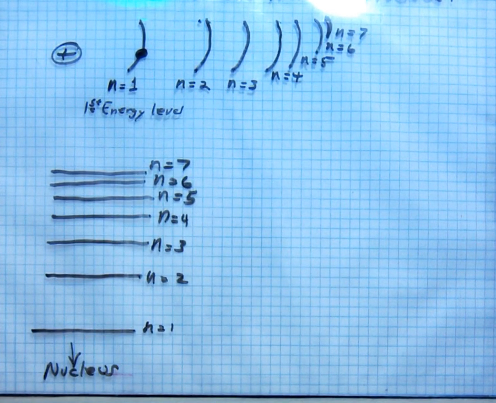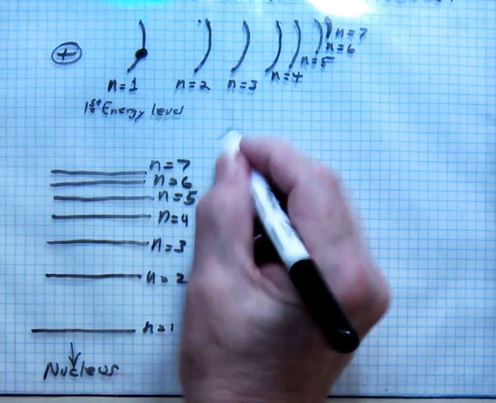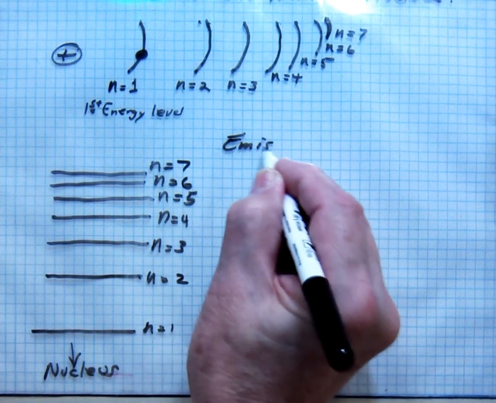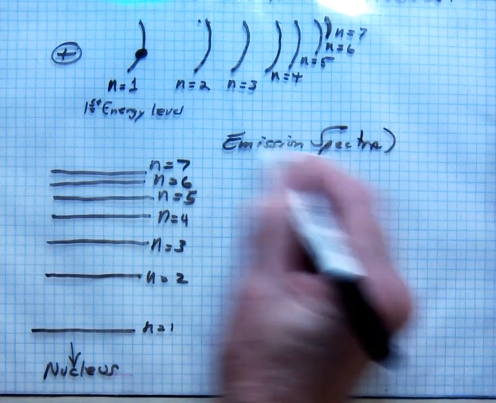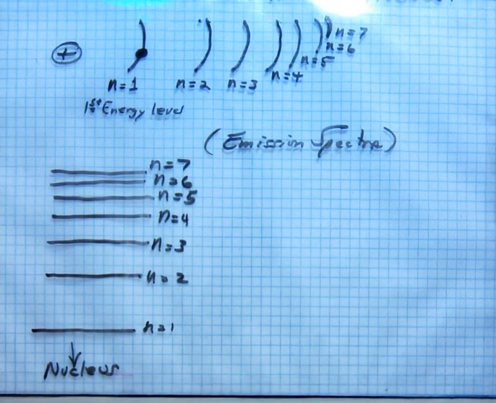When the electron absorbs energy, it can go anywhere in that atom. Say if it's in 1, it can go to 2, it can go 3, 4, 5, 6, or 7. Okay, we do not see that. What we're interested in at this moment, there are absorption spectra, but we're looking at emission spectra. That's when we see the lines and things.